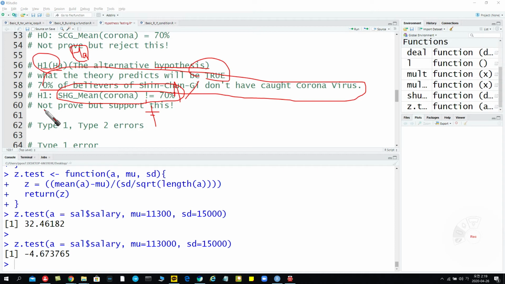We cannot prove this whole sentence because we just predict. But we want to reject the null hypothesis, and after that you automatically support this alternative hypothesis. Okay, this is the researcher's rule.